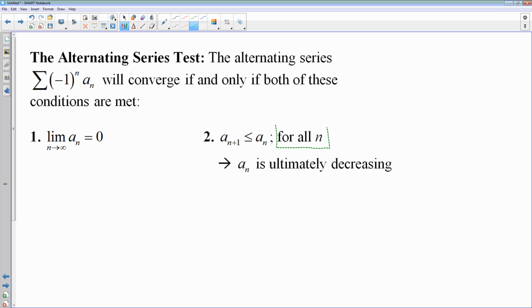The textbook said decreases for all n. I disagree with that. I think that the only thing that matters is that eventually your sequence decreases. So terms may increase for a little bit, but as long as it ultimately decreases in the end, then that would be good enough for the series to converge.